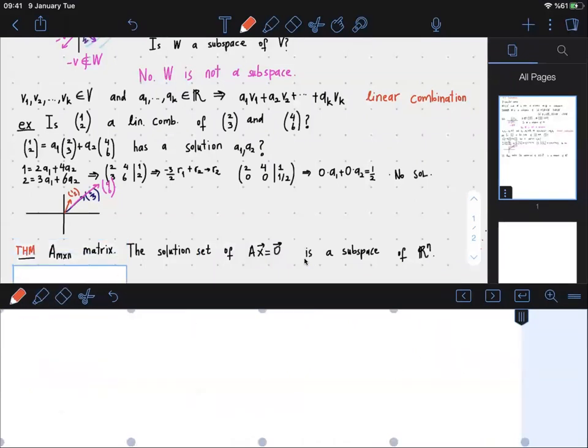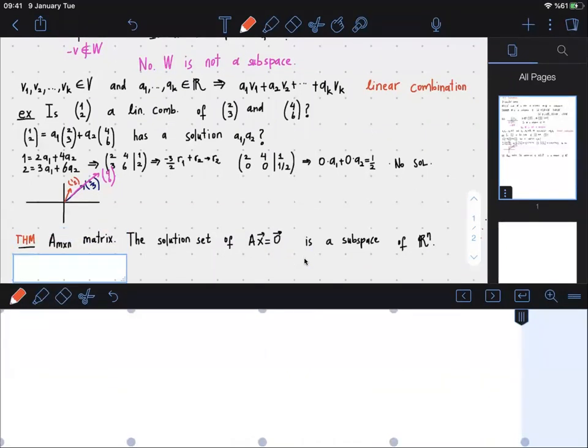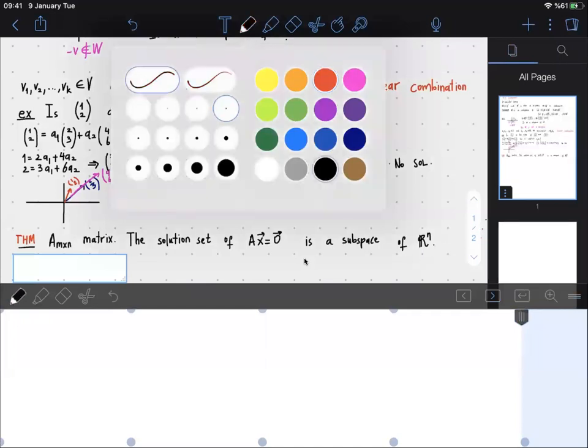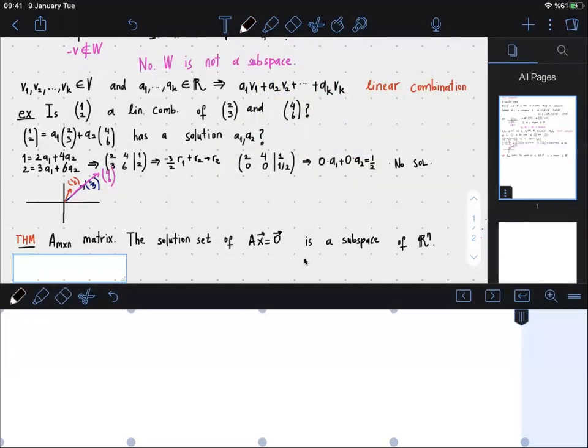Okay, so what do we mean by this? Why is this a subspace? The solution set of Ax equals 0, why is this a subspace of Rn? We need to check two things, okay?